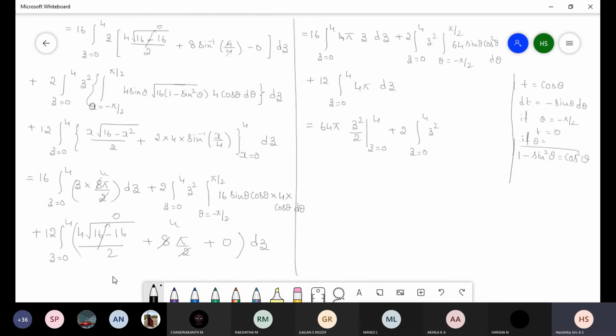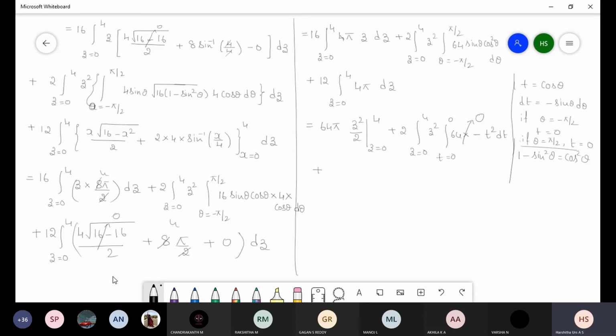If theta is equal to pi by 2, because cos pi by 2 is 0, t is equal to 0. So here limit t varies from 0 to 0, 64 into minus t square into dt, because minus sin theta d theta. In place of sin theta d theta we can write it as minus dt. So as the limit varies from 0 to 0, completely second term will become 0.